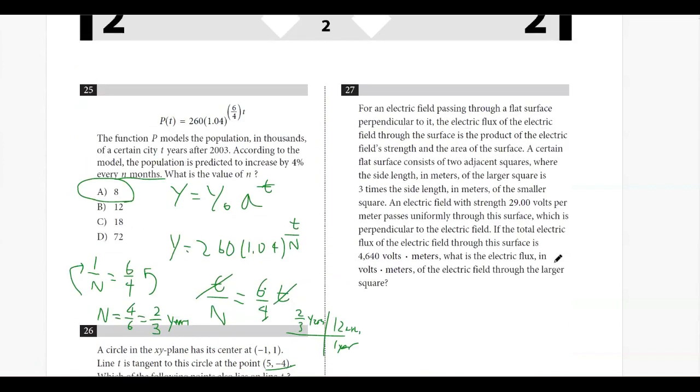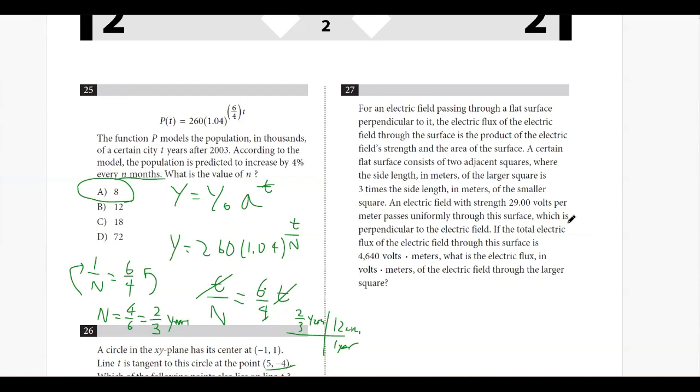Okay, 27. Last question. For an electric field passing through a flat surface perpendicular to it, the electric flux of the electric field through the surface is the product of the electric field strength and the area of the surface. A certain flat surface consists of two adjacent squares where the side length in meters of the large square is three times the side length in meters of the small square.